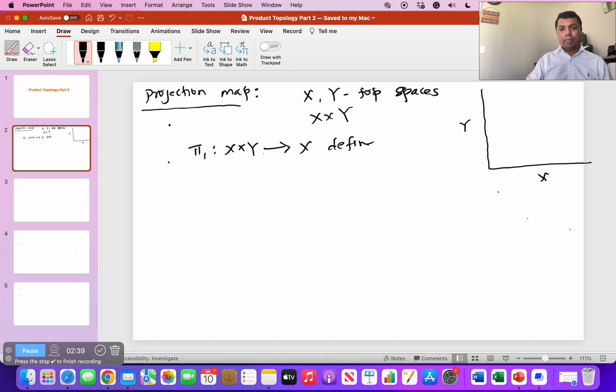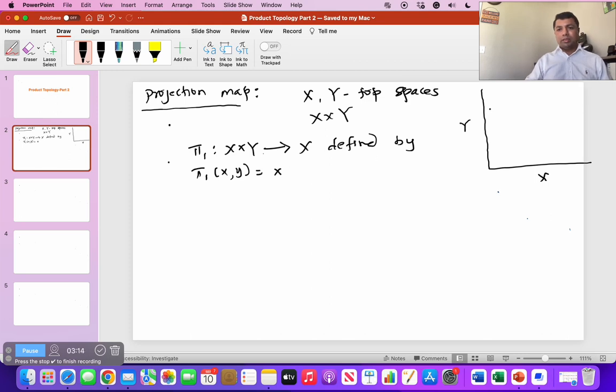defined by pi 1 of (x, y) equals x. This pi 1 is the map from this Cartesian product to the first set X. We know each element in the Cartesian product is an ordered pair such that x is in the first set and y is in the second set.